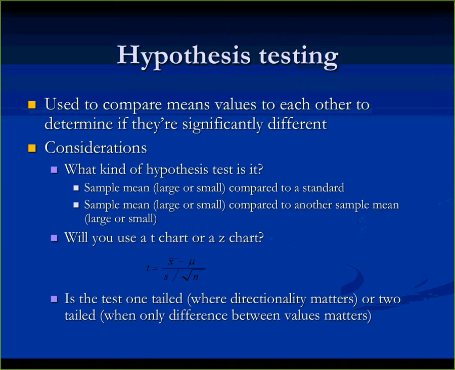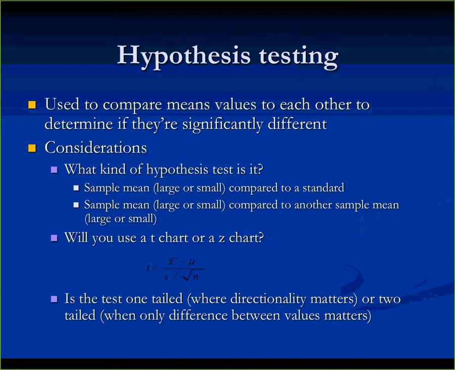Another thing you have to ask yourself is, is a test one-tailed or two-tailed? And what that means is you've got two means, and they're going to have magnitudes, and they're going to be different. So depending on how the question is asked, if you're asked, is this mean greater than that mean, or is this mean less than that mean, then directionality matters.